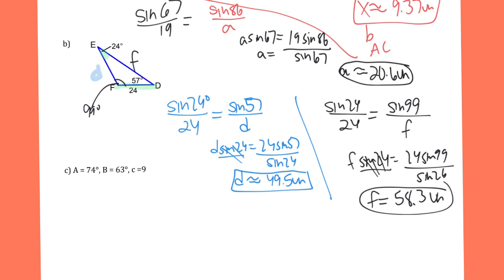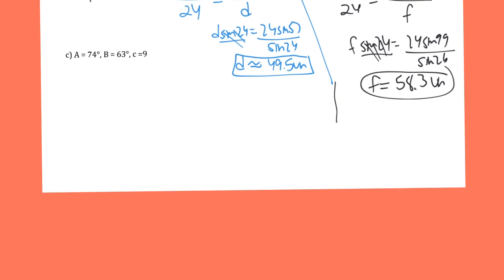I think the last thing that I do want to talk about, before we do the last question here, is that there are times where you know one angle and two sides, and there is something we've got to be careful about when we have that.